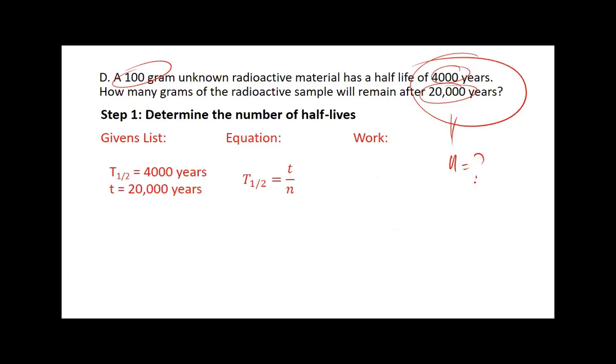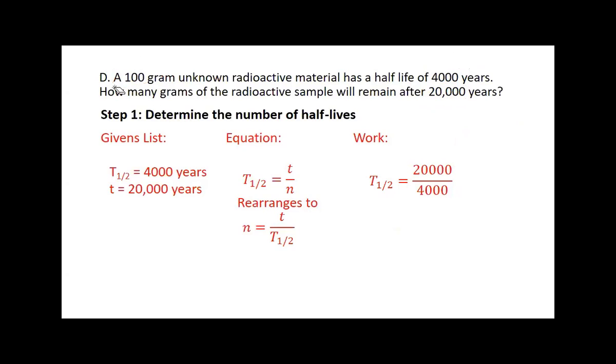So use that information, rearrange it, figure out how many half-lives there are. And when you figure that out, you should find that it's 5.